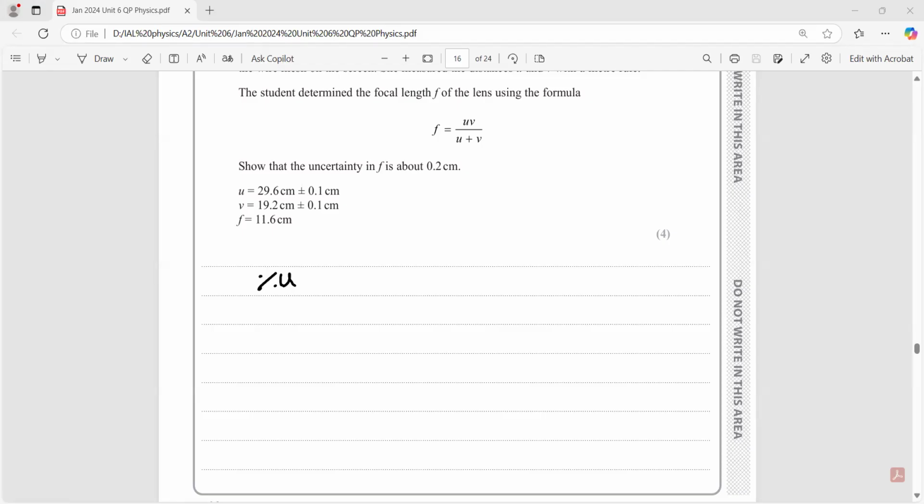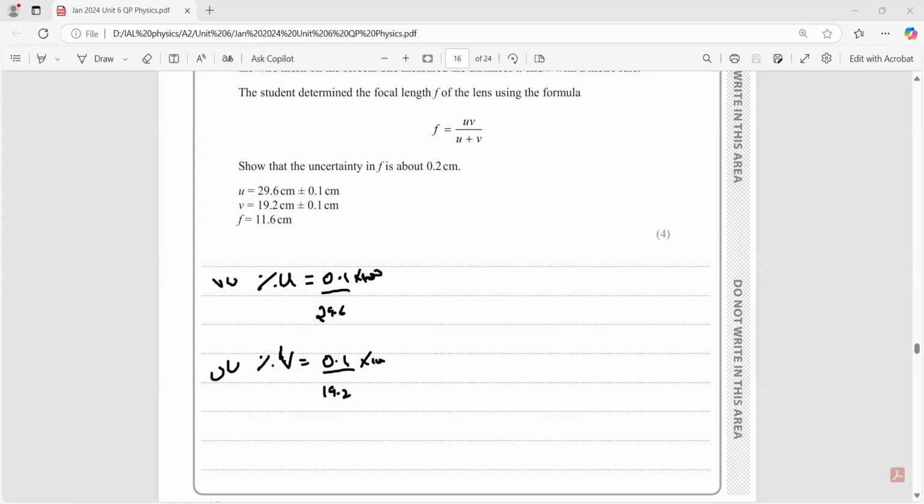What is the percentage uncertainty in U? Uncertainty divided by the value of U recorded, 29.6, into 100. Then the percentage uncertainty in V: uncertainty divided by the value of V, 19.2, into 100. You can take a fraction, but this is a percentage, so you represent it in decimal.